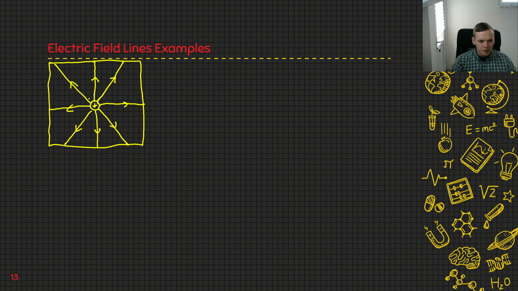You'll also notice that when we're closer to the positive charge, these lines are closer together. When I'm farther away, they're farther apart. So the field is stronger when I'm closer. The force is stronger when I'm closer, and that makes sense if you remember that the force is equal to k Q1 Q2 over r squared. If the distance is shorter, the field is stronger.